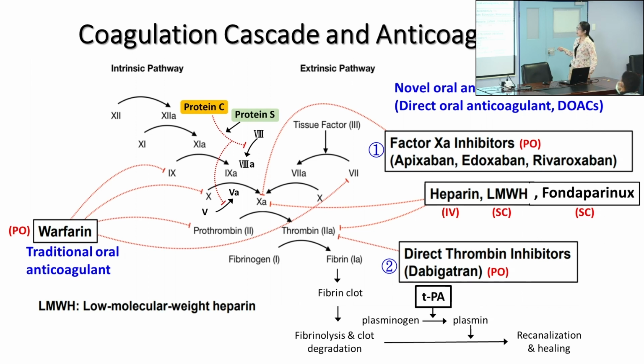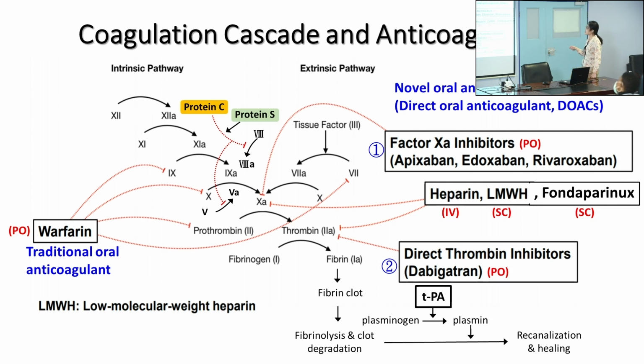After factor 12 is activated, it will further activate more downstream factors such as 11, 9, and then 10. Factor 8, the activated form, is also involved in the activation of this intrinsic pathway.